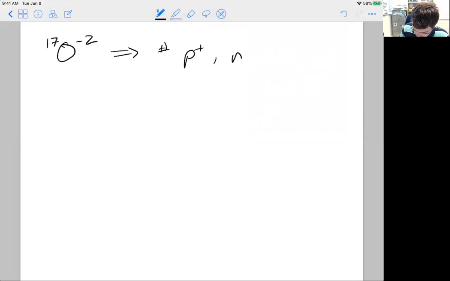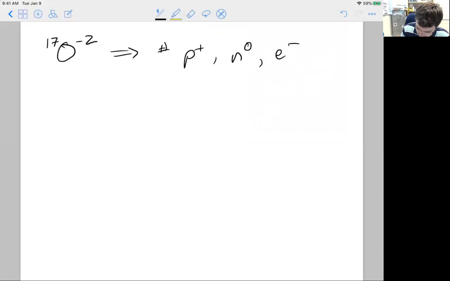Okay, let's do an example of an anion before we break. An anion that we could pick would be O16 minus 2, and maybe I should start introducing some isotopes. So we'll cross-pollinate some ideas: isotopes of more abundant elements along with charged species. Again, the question is, how about the number of protons, neutrons, and electrons?